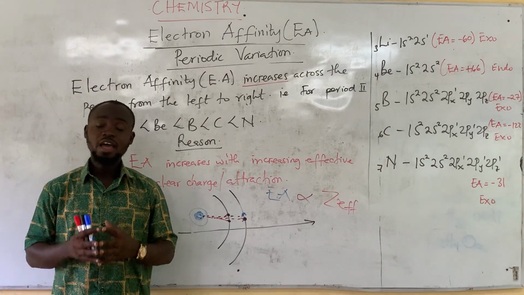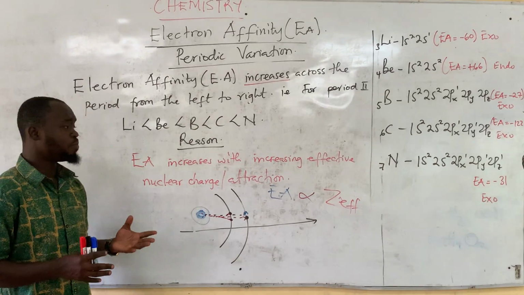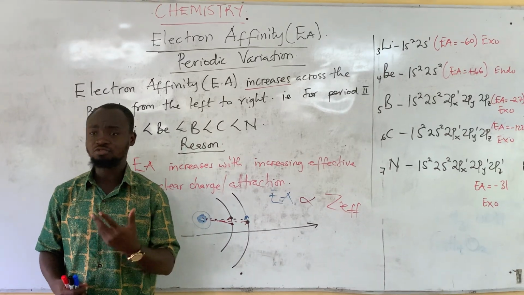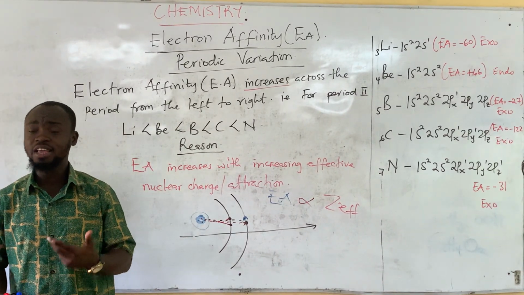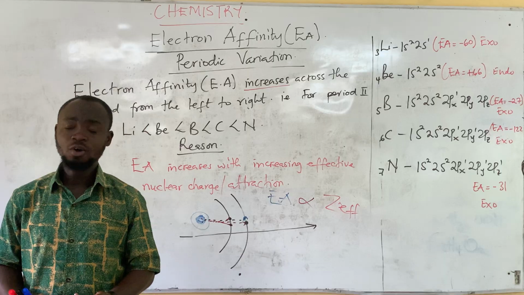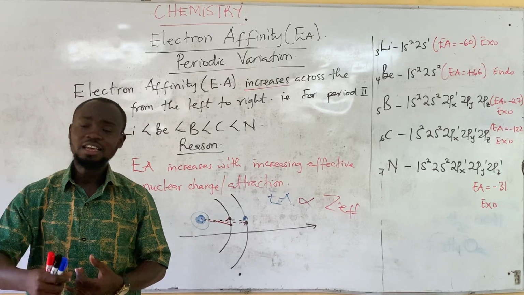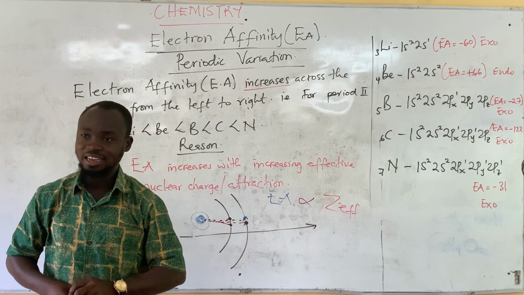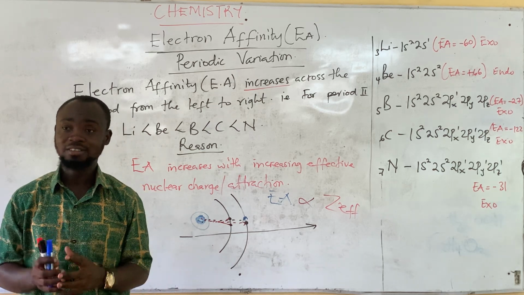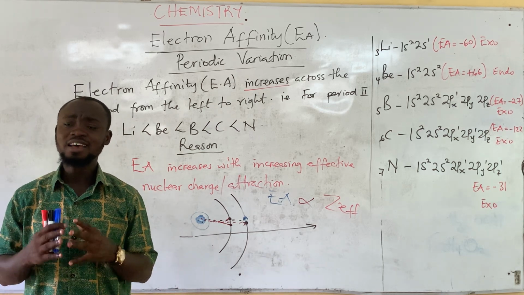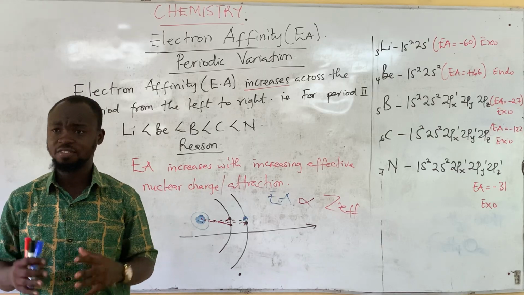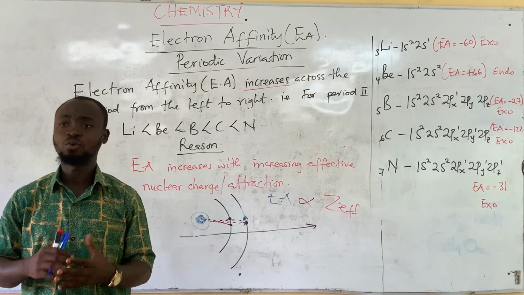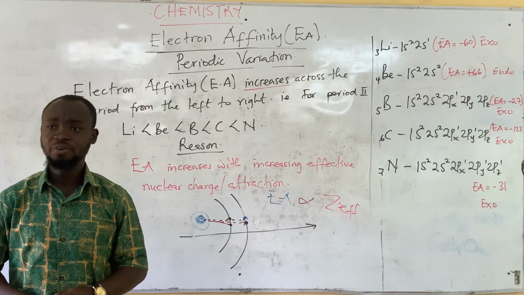Since across the period there is an increase in effective nuclear attraction, once the electron is added, it is easily attracted, so it will be accommodated in that shell. That is how electron affinity varies across the period on the periodic table.